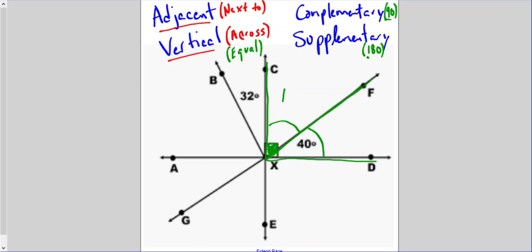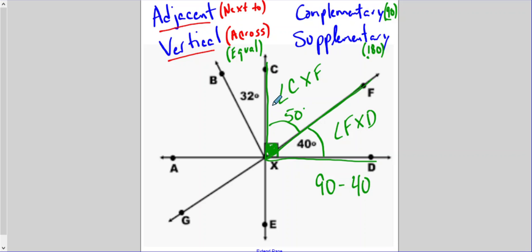Those 2 angles, angle CXF, and FXD are complementary, which means that that has to be 50. They form a right angle together. That's what that box is showing. So if this is 40 and they add up to 90 altogether, you can do 90 minus 40. That tells you the leftover part, which is 50.